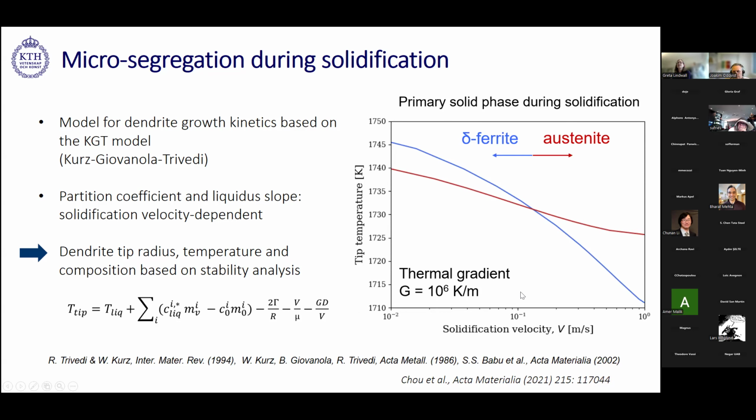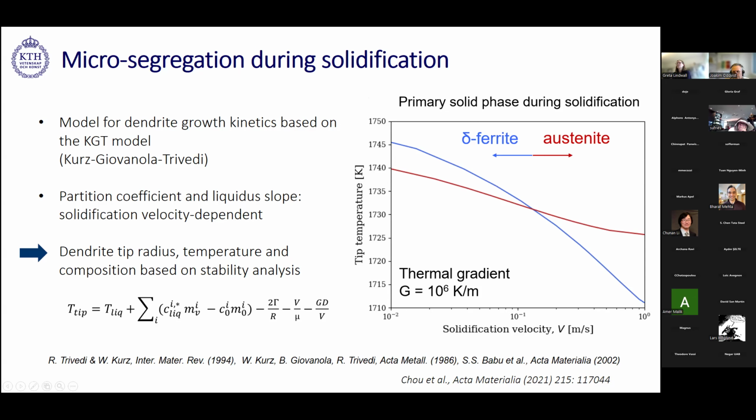But if you go to higher solidification velocities, you see that there is a shift, and it's the austenite that has a higher tip temperature and would be the primary solidification phase during solidification.